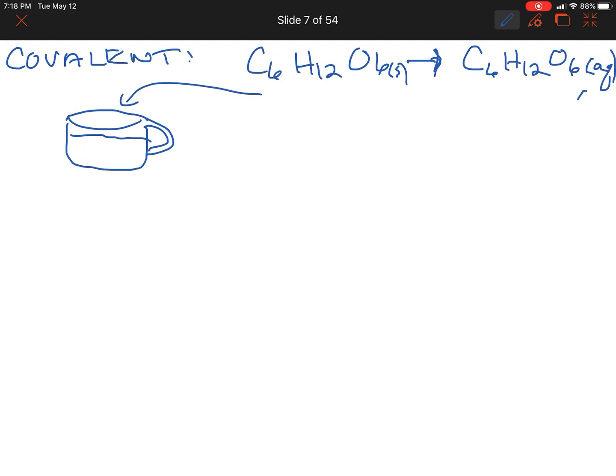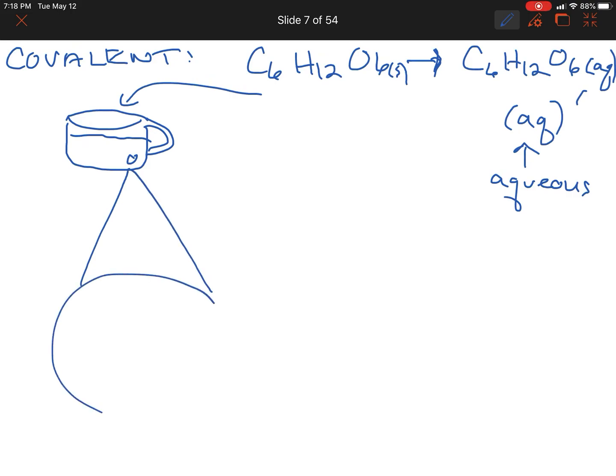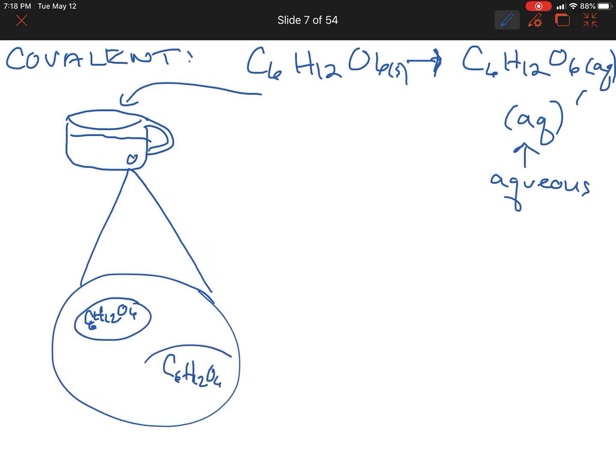So aqueous, that's what that AQ is, and that means it's dissolved in water. So if we take a snapshot of that, let's blow it up. You're going to have C6H12O6, all these sugar molecules around here. They are not going to dissociate, but they're going to separate from each other.